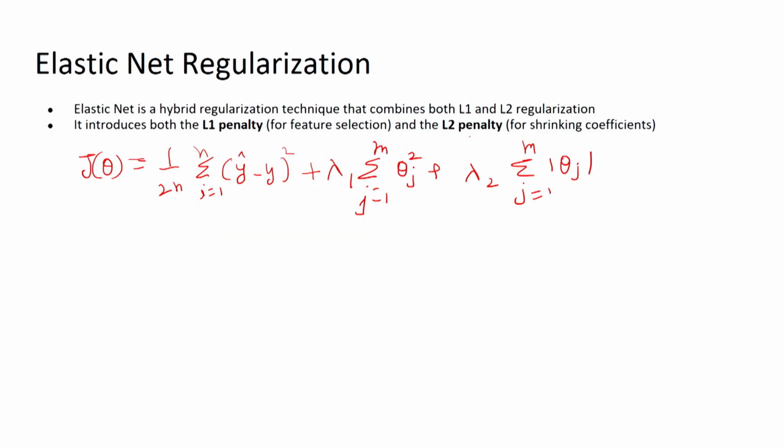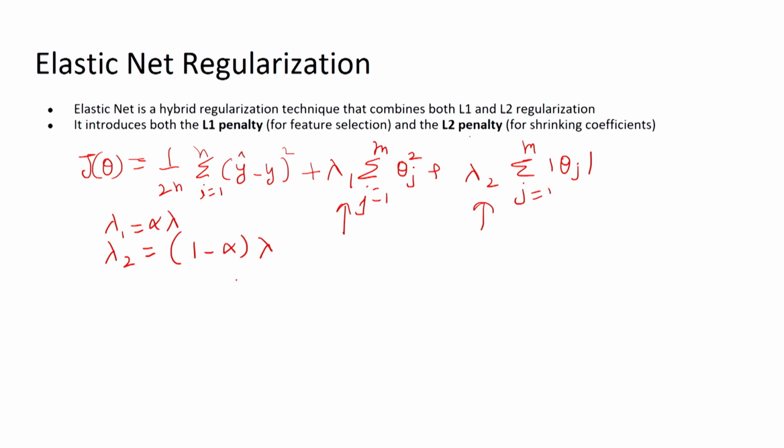Now, in case of elastic net regularization, since it is a combination of L1 as well as L2 regularization, there are two terms here, lambda 1 and lambda 2. Generally we say that lambda 1 is equal to alpha lambda, and lambda 2 is equal to 1 minus alpha lambda.